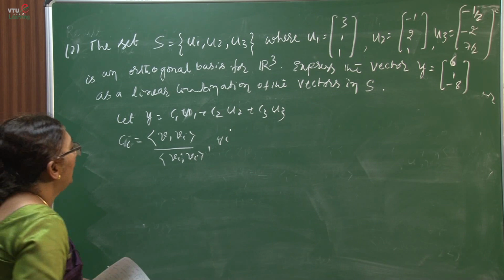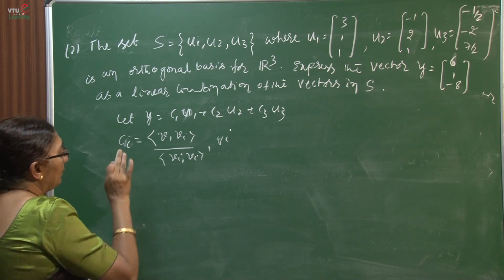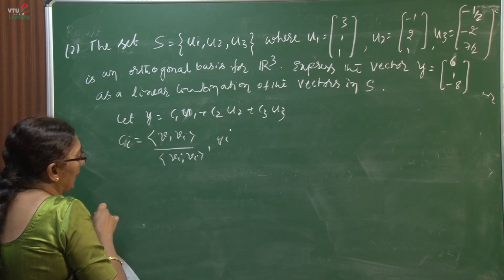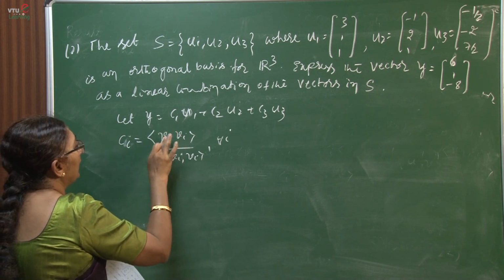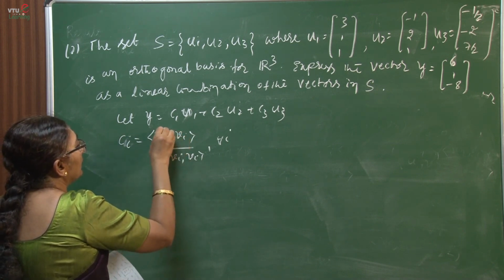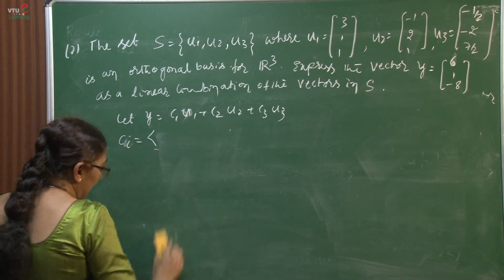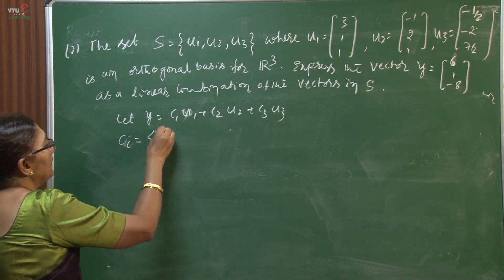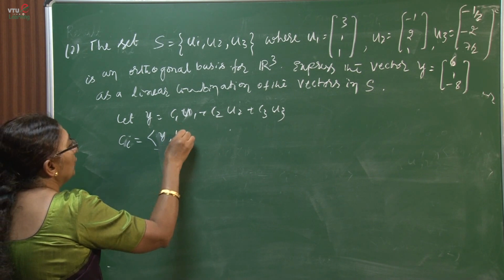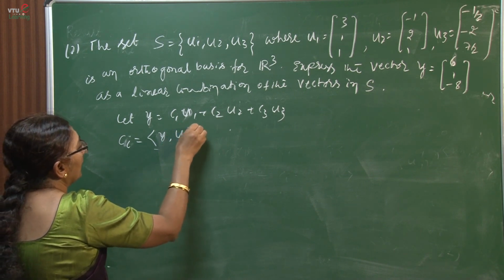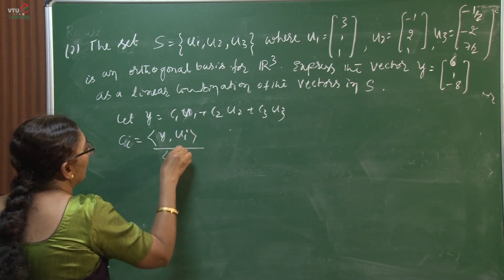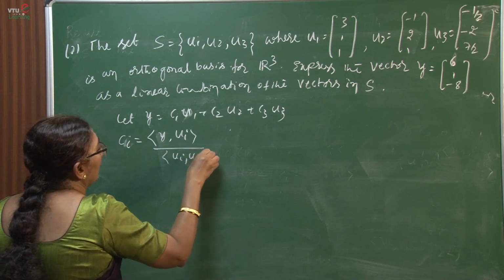This is a general formula, but here instead of V we have Y. So we write the formula based on this: V is Y, and Ui, divided by the inner product of Ui comma Ui for every i.